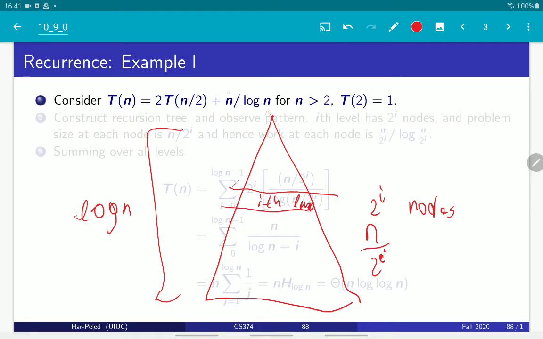Now, if we look at the recurrence here, the value that we have to pay is n over log n. Let's assume the log is base 2 just to make things easy.